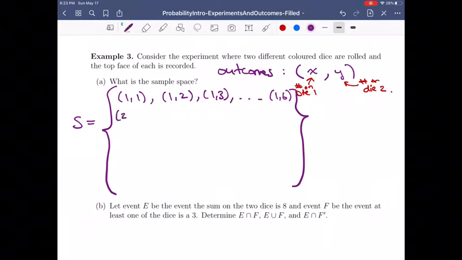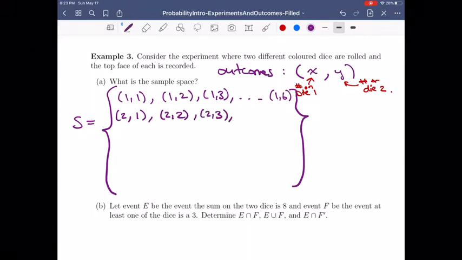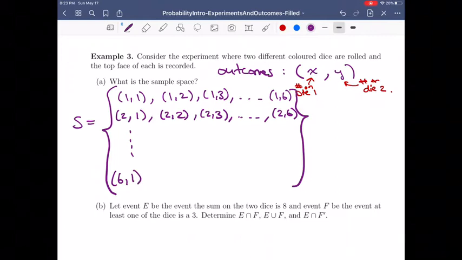Maybe it was 2. Then it could occur with 1, 2, 3, etc., up until 6. And we can do this all the way down as well, so the first die could be 1 through 6.